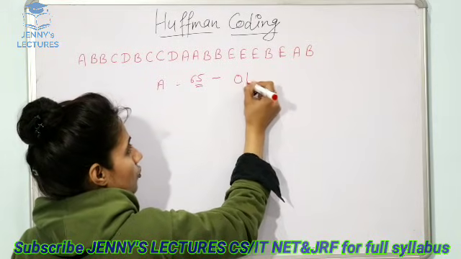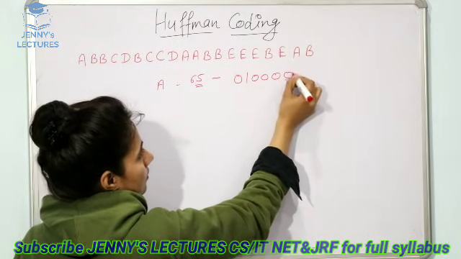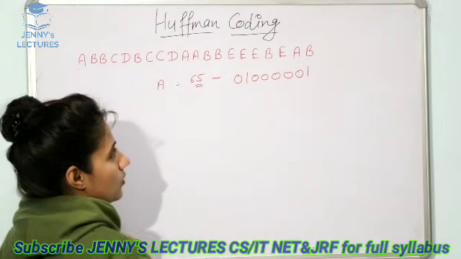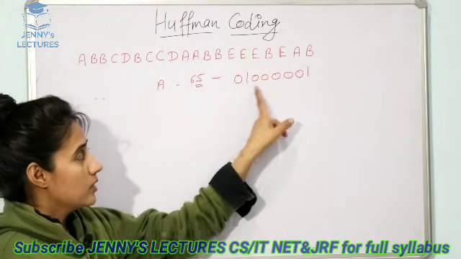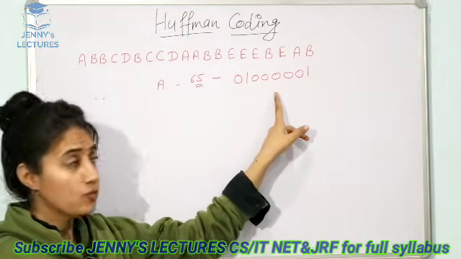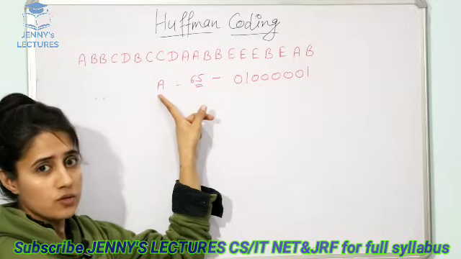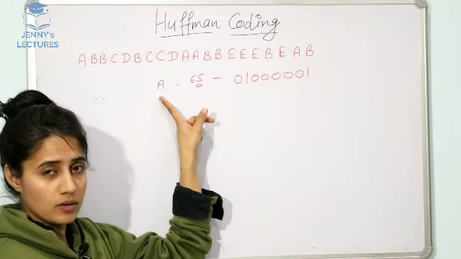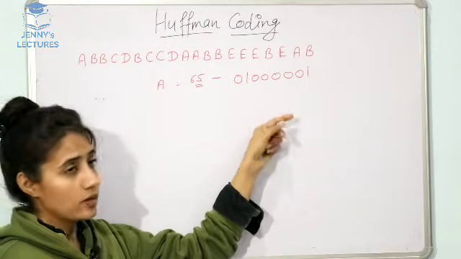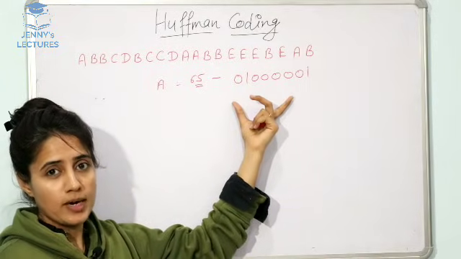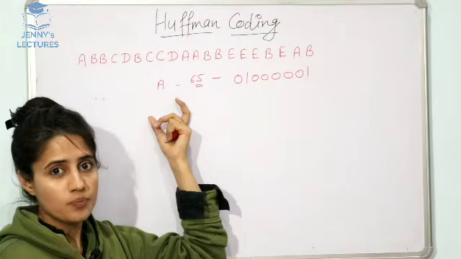How will we write 65? 0 1 0 0 0 0 0 1. This is the binary form for A. To transfer A, the ASCII code will be used, and in ASCII, 8 bits are used to represent a character.